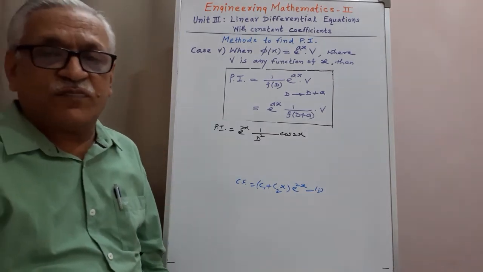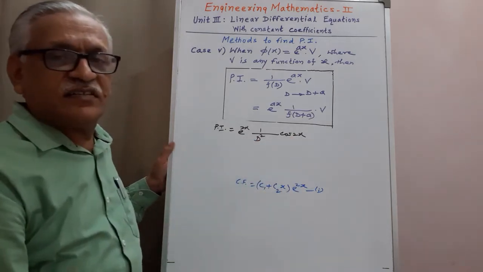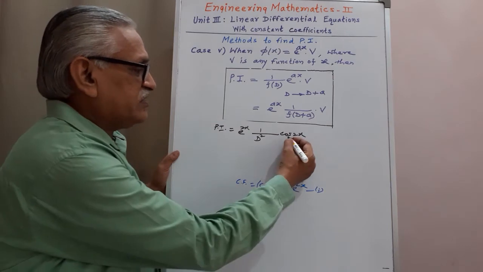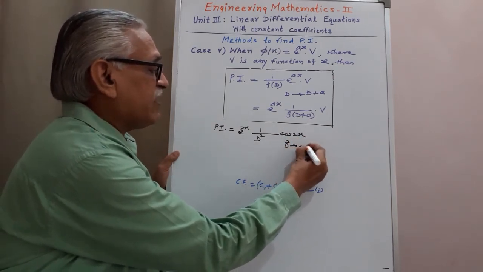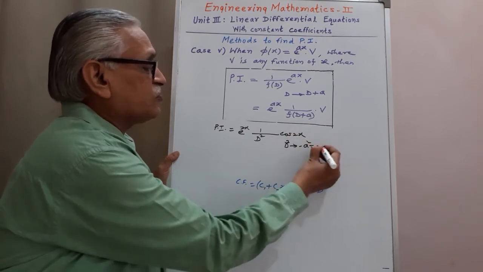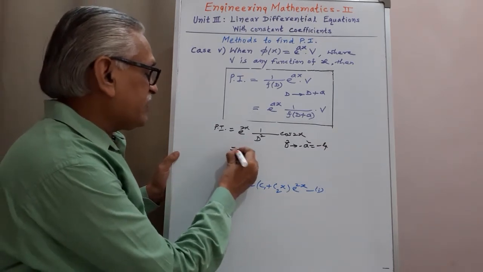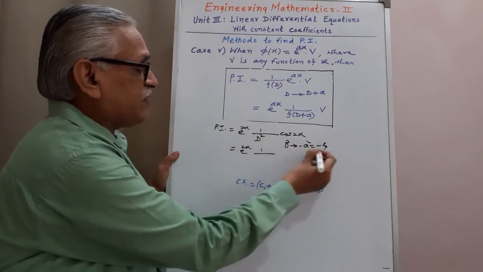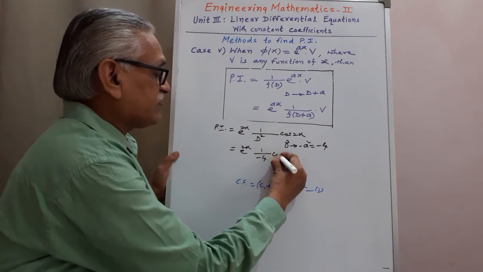E raised to 2x 1 upon D square operated on cos 2x, and then applying that technique of finding PI for cos ax plus b type of term, where we have to replace D square by minus a square, a is here 2, square is 4. Therefore, replace D square by minus 4. We get e raised to 2x 1 upon D square replaced by minus 4 into cos of 2x.